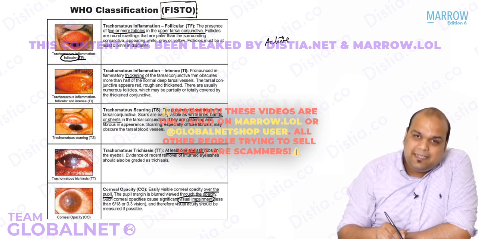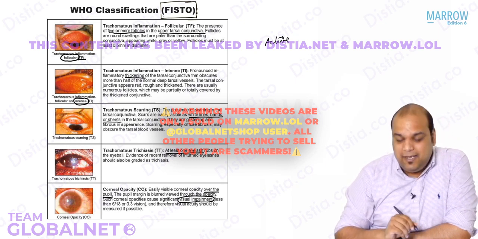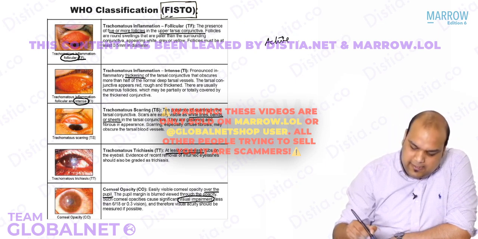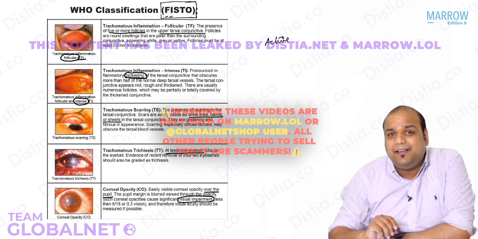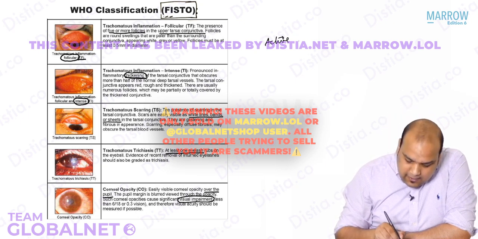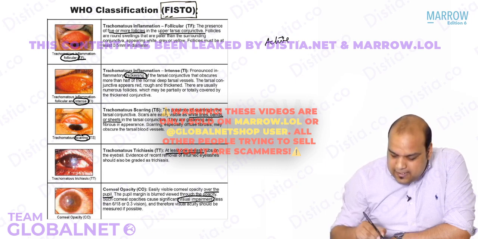Second stage, what is occurring? The inflammation is becoming more intense. TI, trachomatous inflammation intense. If it is intense, along with the follicles, there is thickening of the upper palpebral conjunctiva. Then, if it proceeds, what will start to occur? Scarring. Arlt's line. Scarring in the conjunctiva. Yes or no?